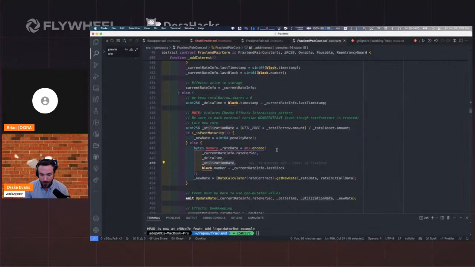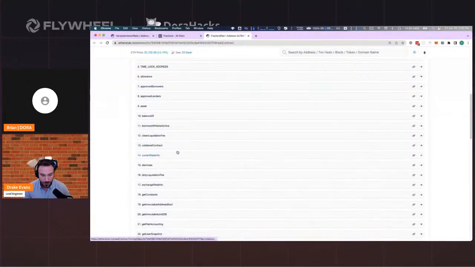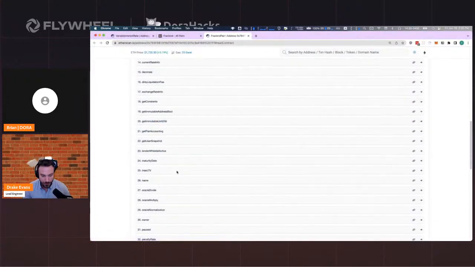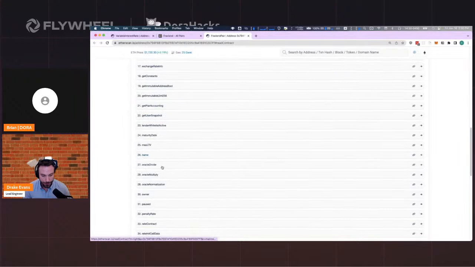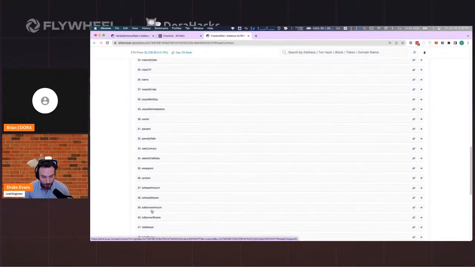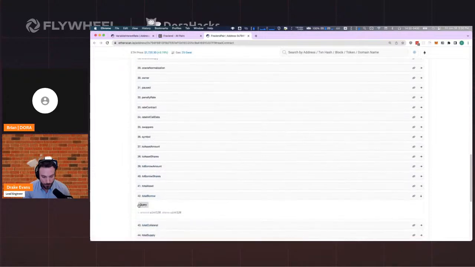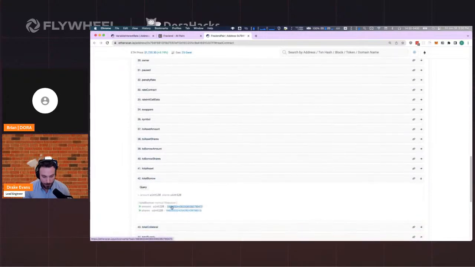Now, the utilization rate, the best way to get this is, again, from Etherscan. So you're going to want to pull two pieces of data. There's going to be the total borrow, and this top line number, the amount.